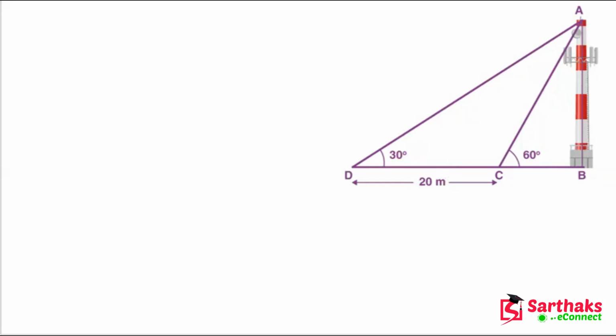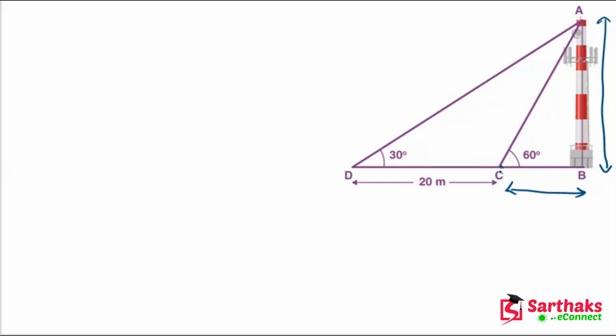Okay, like this, we have a tower. First of all we have to find this height, meaning AB, and we have to find this length, which is CB, the width of the canal.